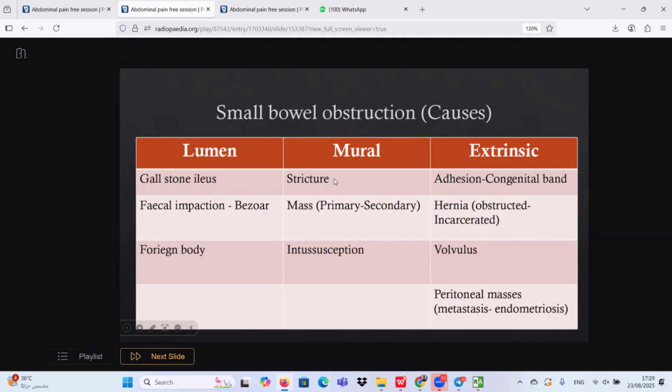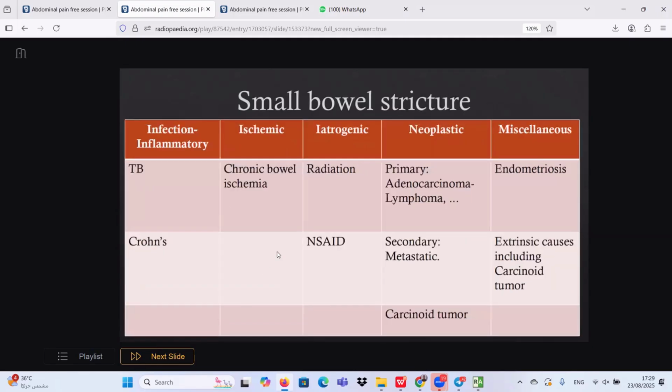Let me focus again on stricture, because you should know the causes of stricture inside the small bowel loops. Small bowel stricture has different categories: infection or inflammatory, such as TB and Crohn's; ischemia, chronic bowel ischemia; iatrogenic, radiation or non-steroidal anti-inflammatory drugs; neoplastic causes, primary and secondary, carcinoid; miscellaneous, endometriosis; and extrinsic causes.